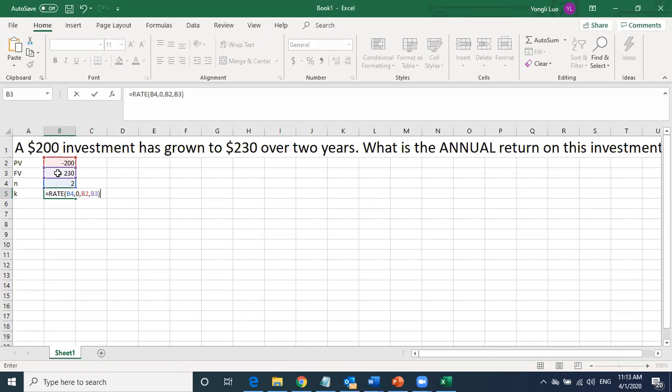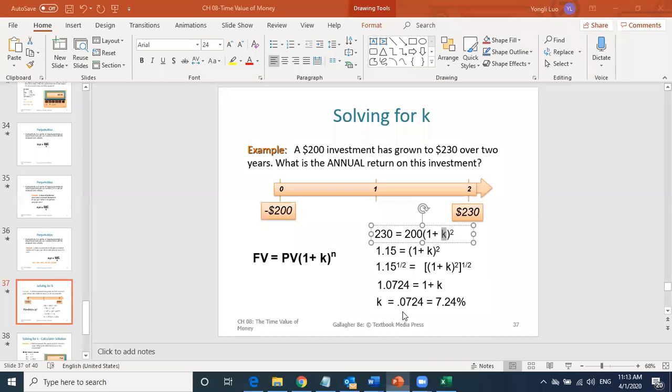When you click return, it shows 7%, or if you check the decimals, 7.24%. Remember, you can use the rate function when asked for the annual return.